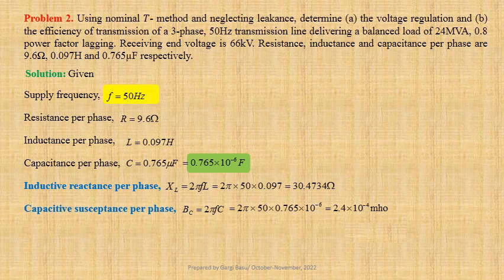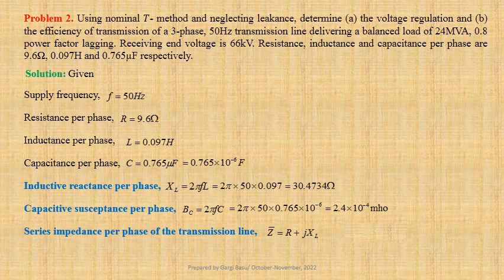Let us now calculate series impedance per phase of the transmission line. Z equals R plus J times XL, that is equal to 9.6 plus J times 30.4734 ohm. This may be written in polar form as 31.95 ohm at an angle 72.514 degree.